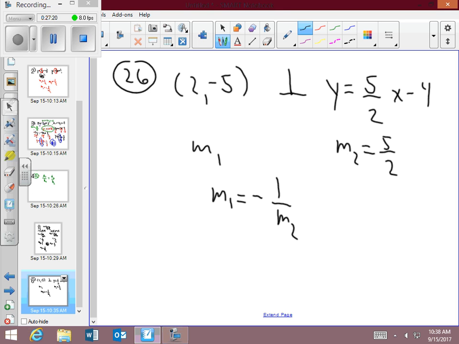So M2 is 5 halves, so what's it going to be? Everyone agree, negative 2/5? Now, do we have enough information to find the equation of the line that passes through this point?